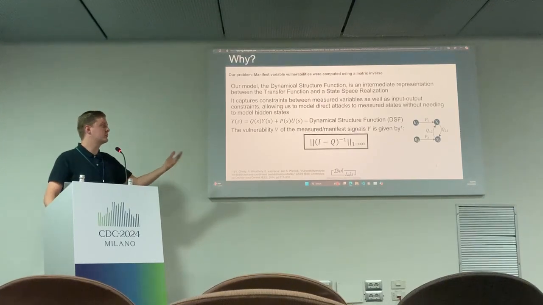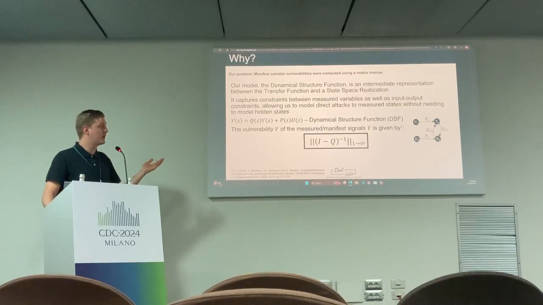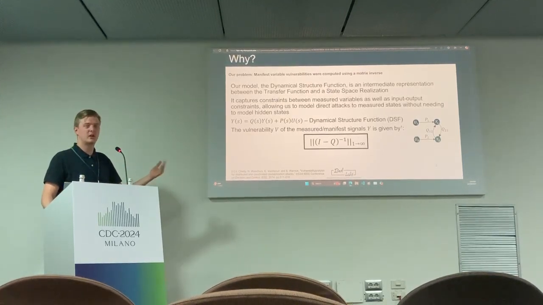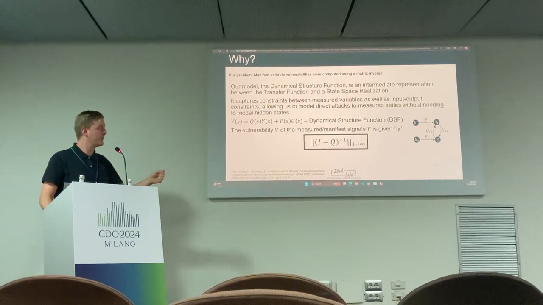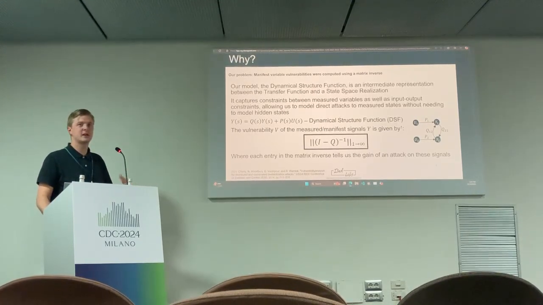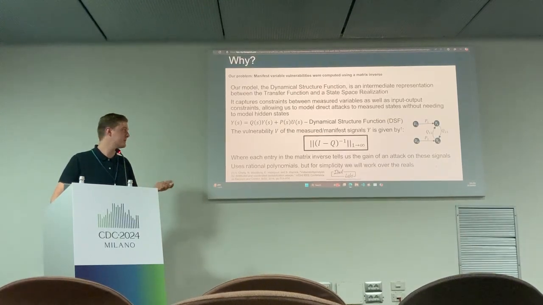Basically what the problem boiled down to was to measure the gain between these signals. We wanted to take the element-wise norm of this inverse matrix. And because it's element-wise, that led us to the question of how can we just get away with getting one entry from the inverse matrix.